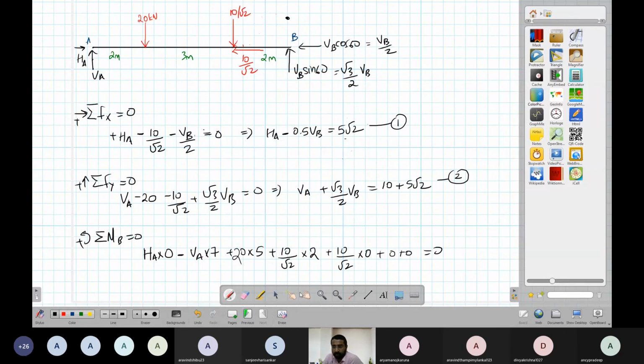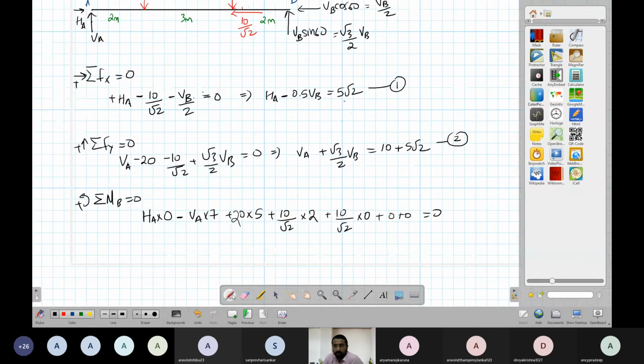So what do you get? This is 0. So this is minus 7 VA. This is 50 plus 50, so plus 100. 20 into 5 is 100. Plus this we can write as 10 root 2.